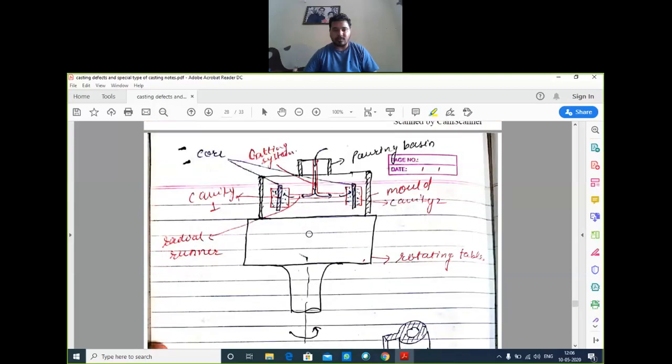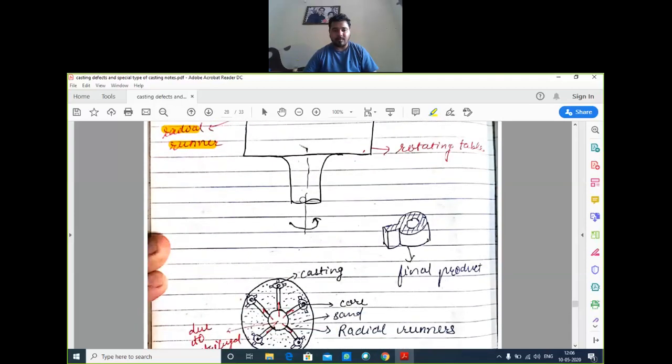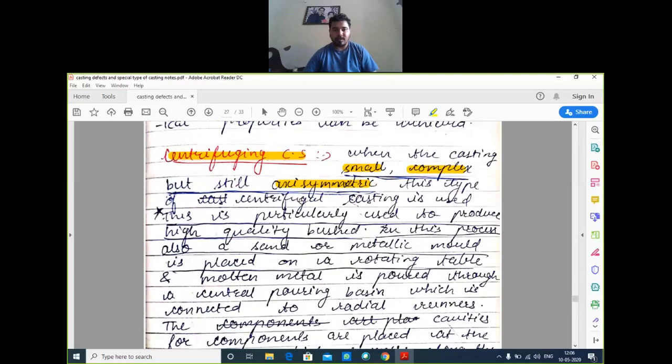In centrifuging centrifugal casting, we use the core for making the hollow products, and we use the radial runner for making the mold, so that we can form the product with the help of centrifugal casting.